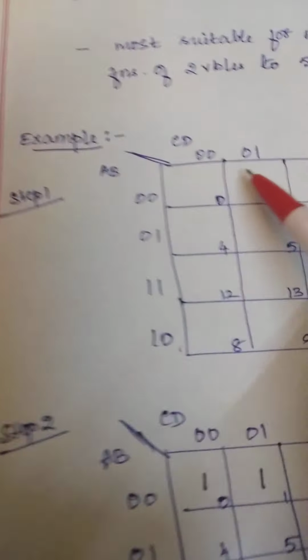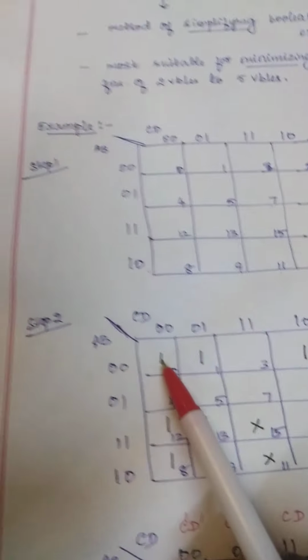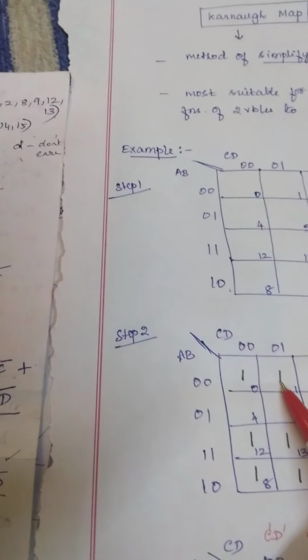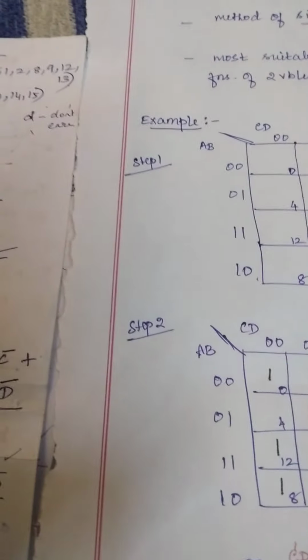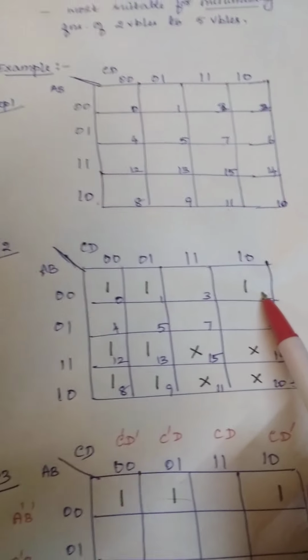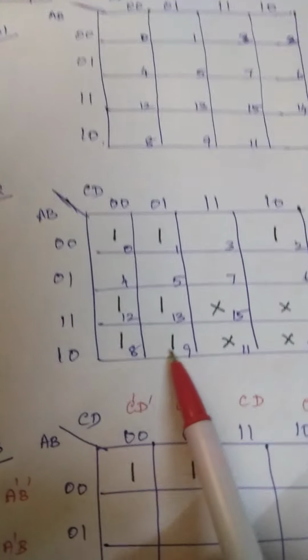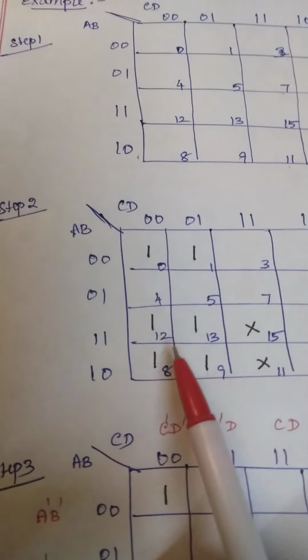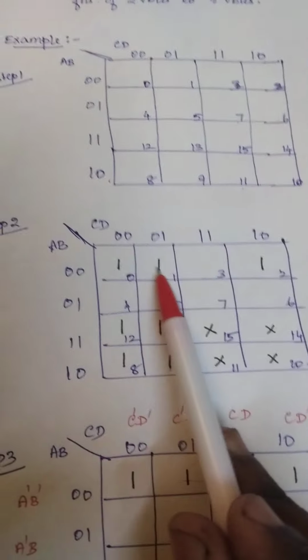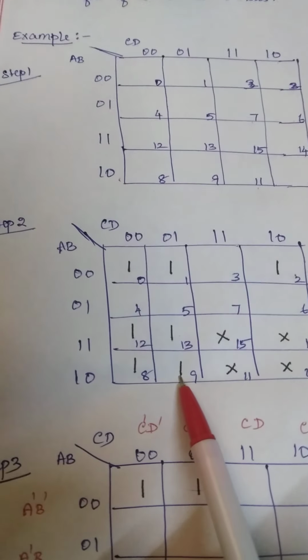Which is 0? 0 is here, all 0, so we put 1. Then the next one is 1, 0 0 0 1, is 1. The next term is 2, 2 is here. What is the next term? 8, 9, then 12, 13. Okay, this many ones, 7 ones available.